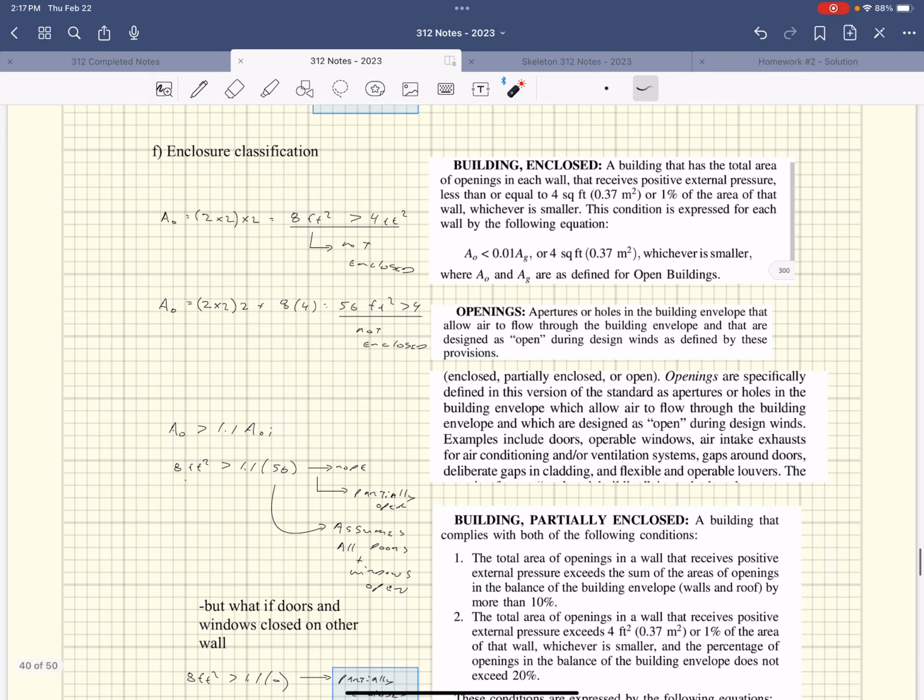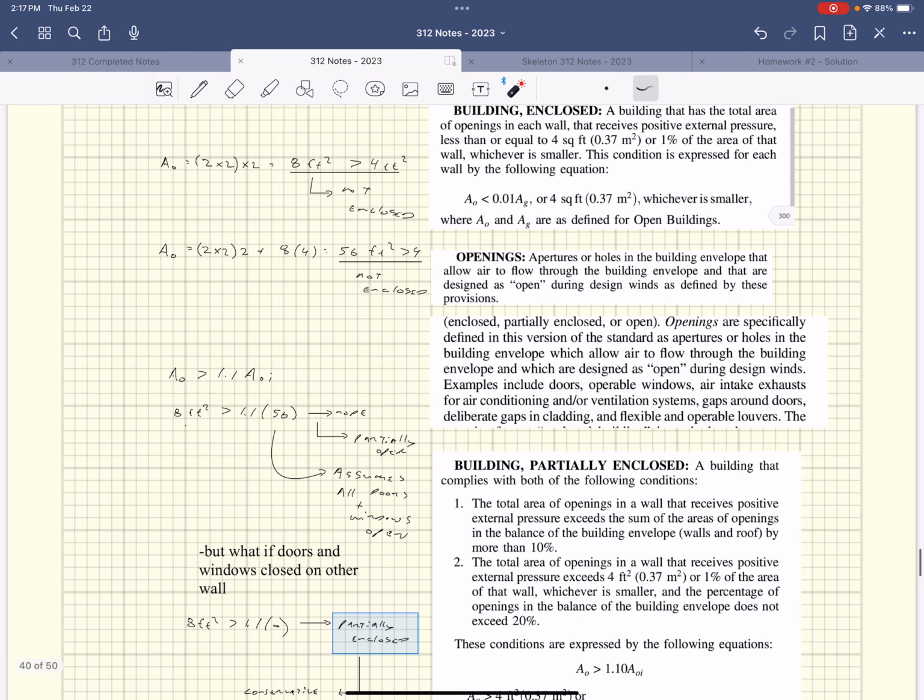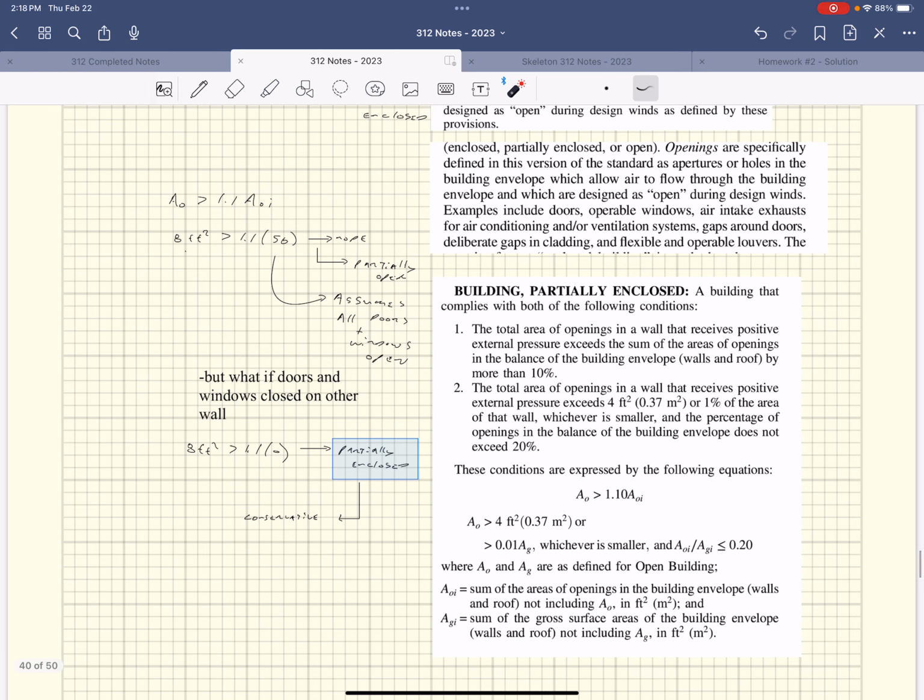We determined that this enclosure classification depends on whether you assume the doors are open or closed. For this particular example, we assumed that they're open on one side and closed everywhere else. When you do that, it is considered partially enclosed. There's lots of debate in industry about whether it's going to be partially enclosed or partially open and things of that nature.